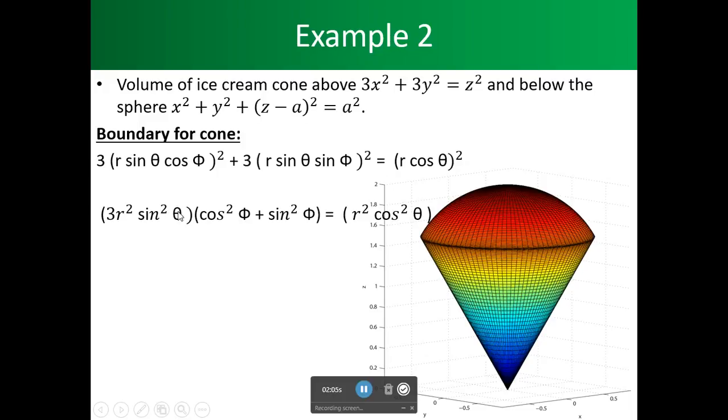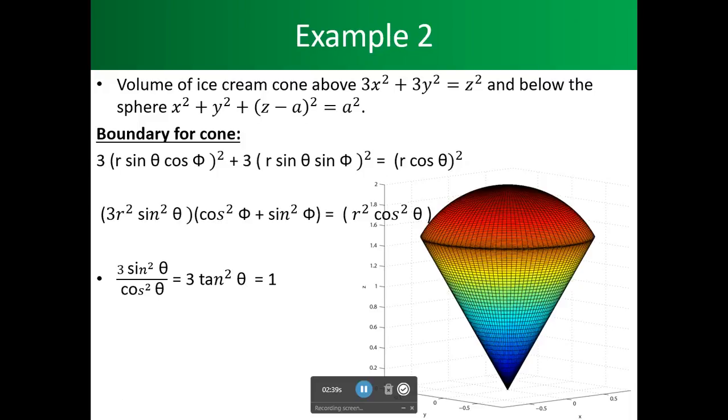And then we still have our cosine squared phi plus sine squared phi. That gives us 1, so this will be just turned to 1. So that'll drop out, and the r squared will drop out, and we still have 3 times the sine squared of theta, and we're bringing over the cosine squared of theta.